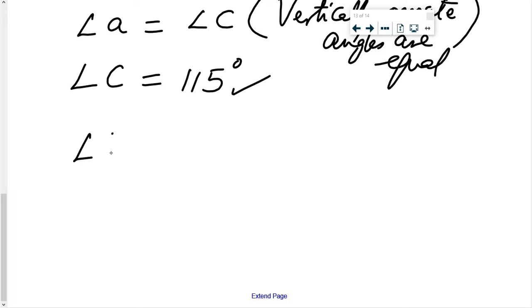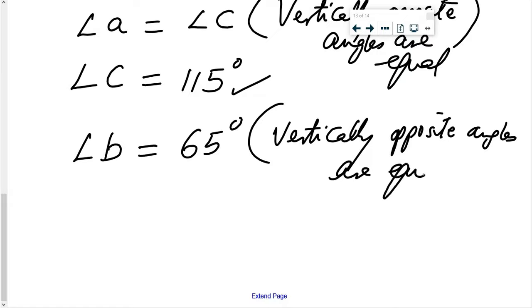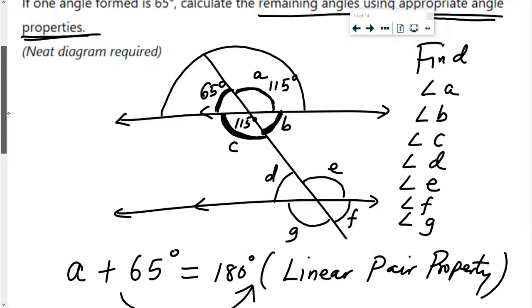So you write angle B equals 65 degrees. Why? Vertically opposite angles are equal. Right? So we are done. This is also 65 degrees.